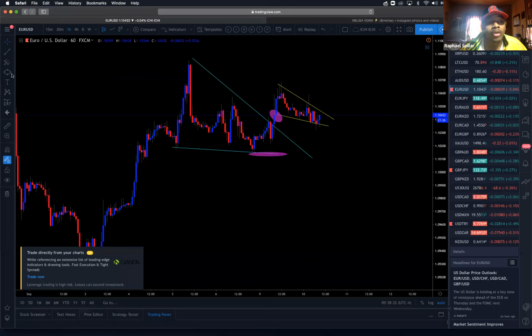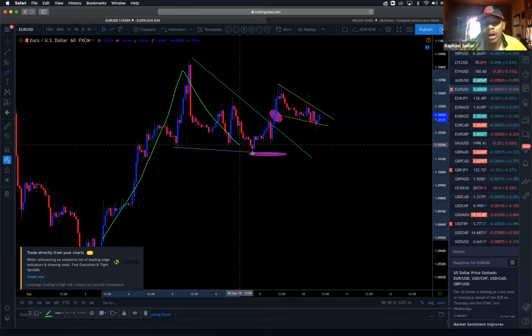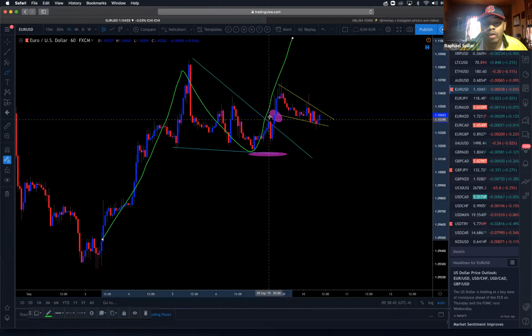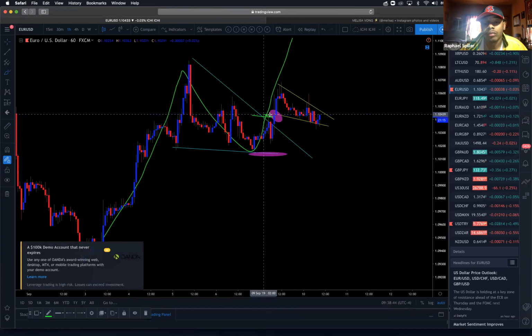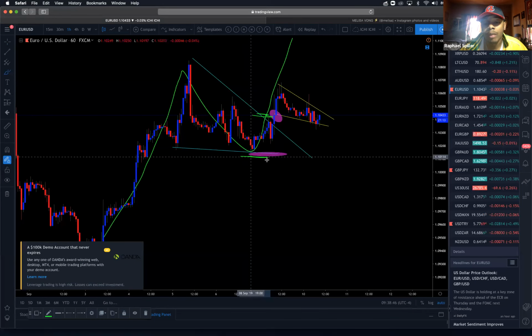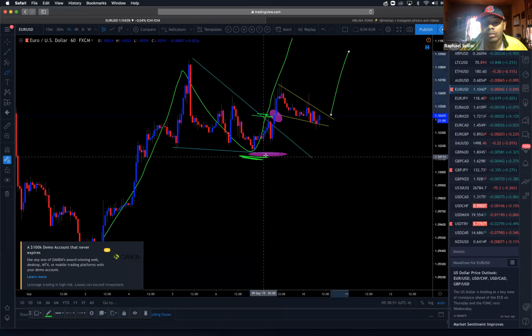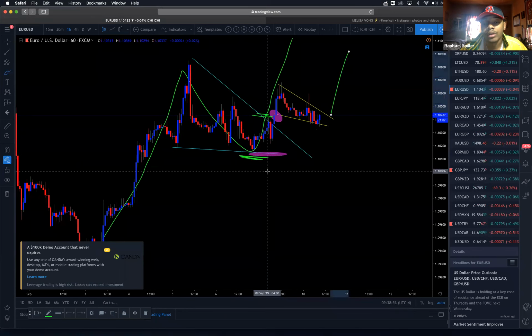So if I were to draw this out, this is my high, this is my low, and now we're moving up. If I took a trade here, my recent low is my stop loss before we shoot up. Does that make sense?